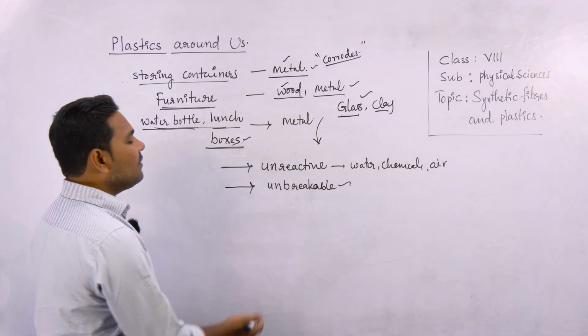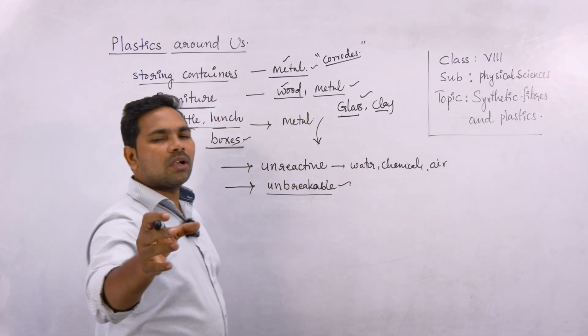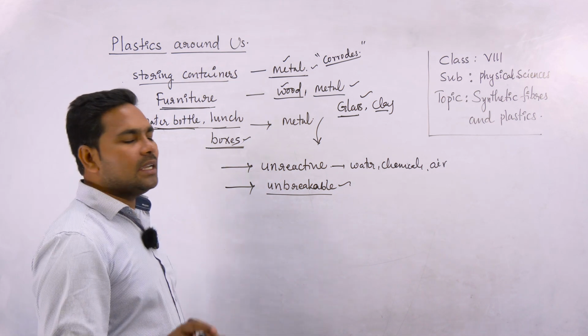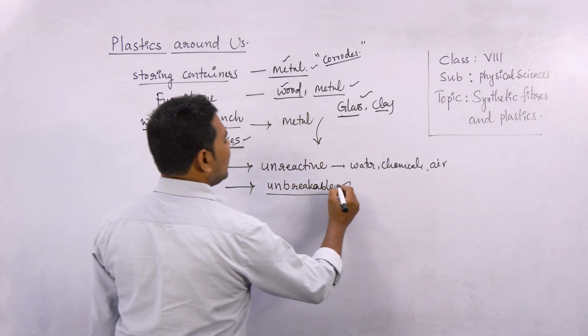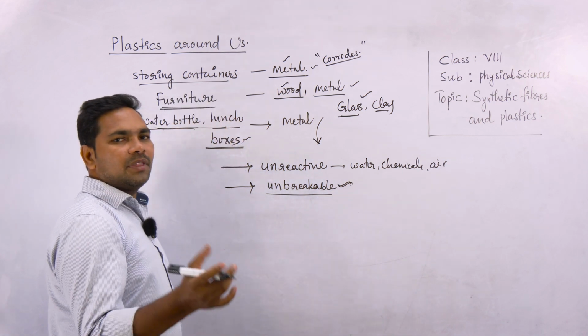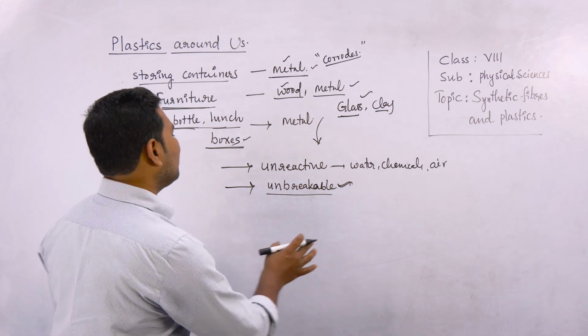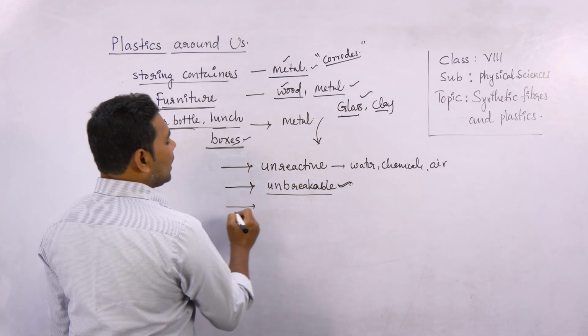They break, right? Whereas if a plastic bottle falls down, will it break? Most of the bottles are generally unbreakable unless the plastic item is made of very cheap plastic. It breaks, but most other plastics are made generally unbreakable.